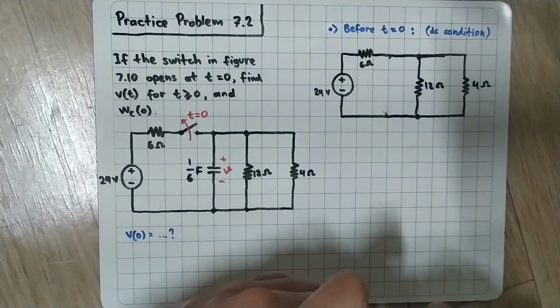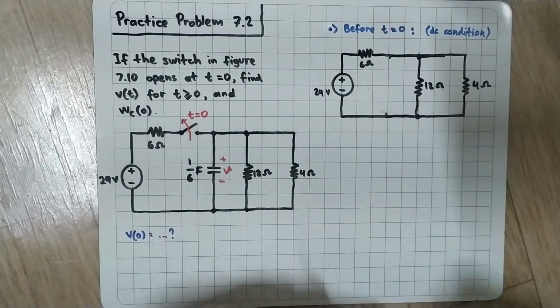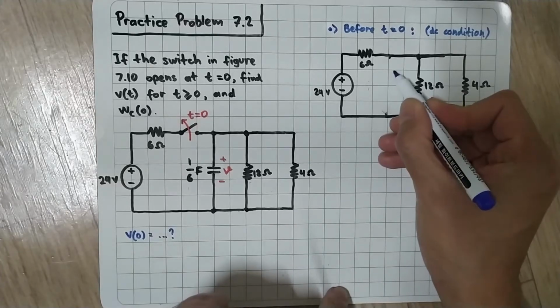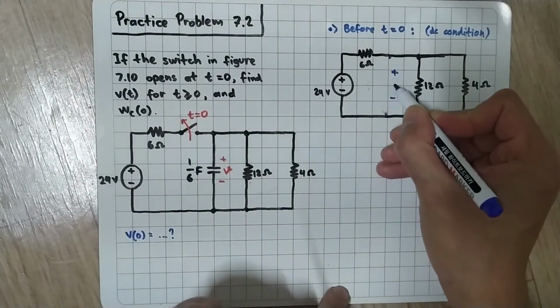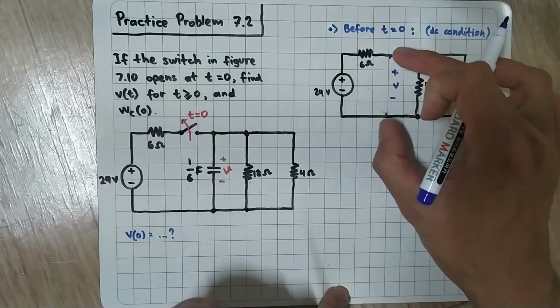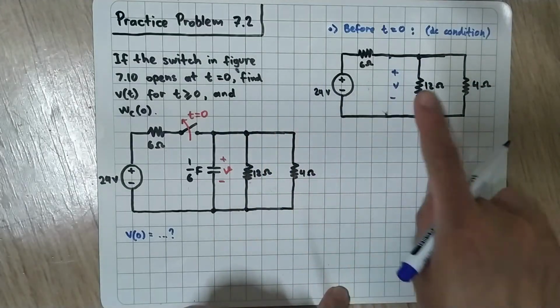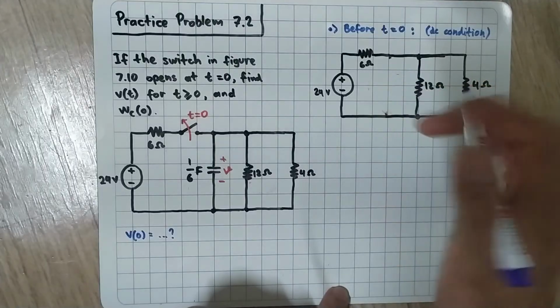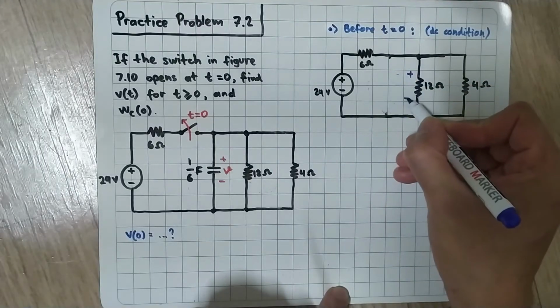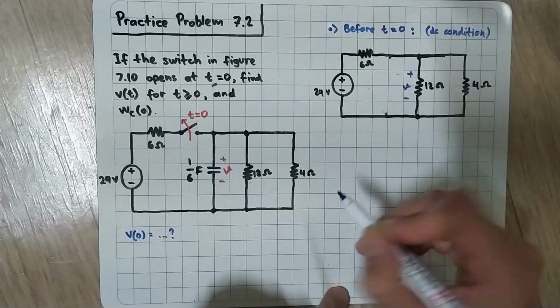So we only have resistance circuits, and then the V is here. It is parallel with this and parallel with this, so we can just use this one as our V here.